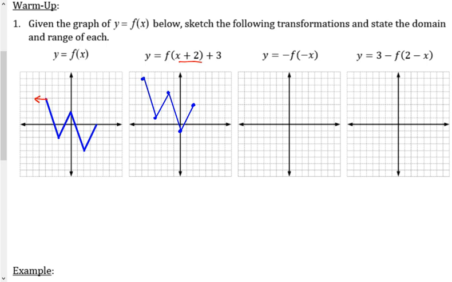Then we have the plus 3 outside the function, which means it's going to affect y's. It's not on the side where the y variable is, so it does exactly what it looks like, which is that it's going to move up 3 units. So every point moves left 2 and up 3. And so then you can just kind of count it out to see where it's going to be.